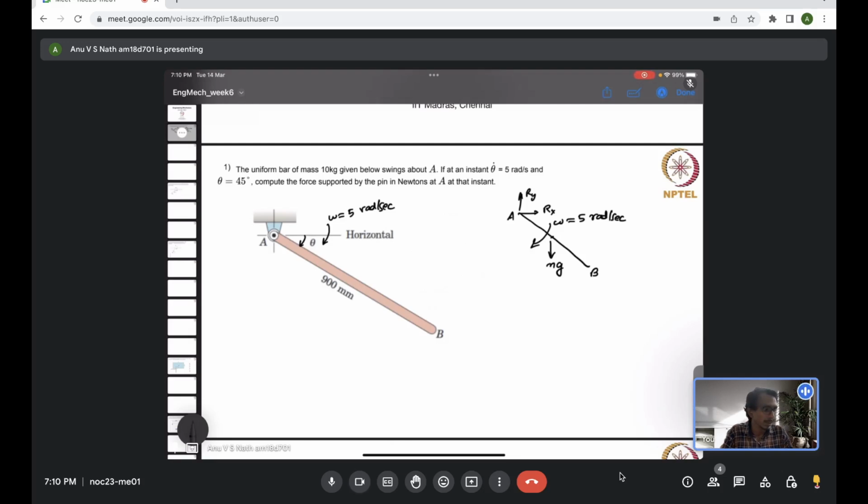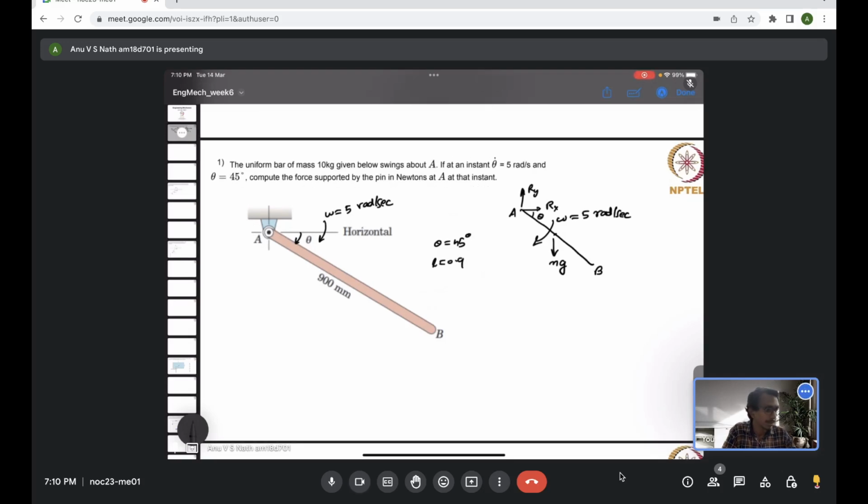Now, the angle theta is also given to be 45 degrees, which we use. The length of the rod is also given, 900 mm, which is 0.9 meter.